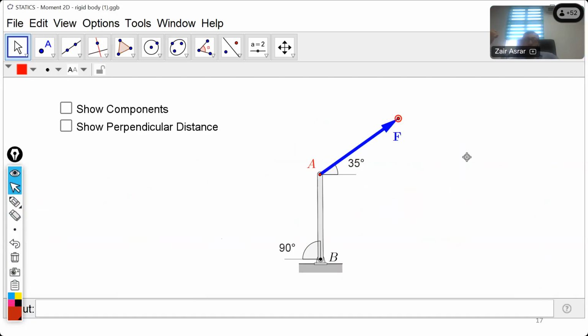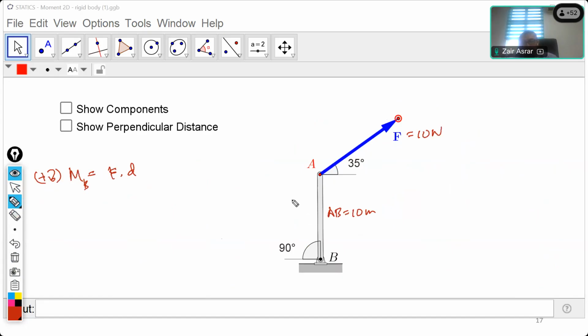So this is my force. If the magnitude is still the same, and distance AB is still the same, 10 meter. Our moment will be equal to what? Again, the equation is still the same, F times D. If I'm taking moment at B, the force needs to be multiplied with D.